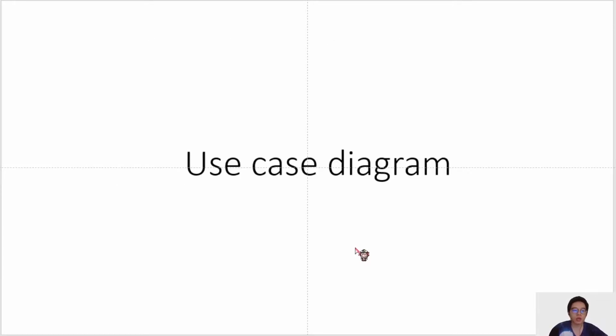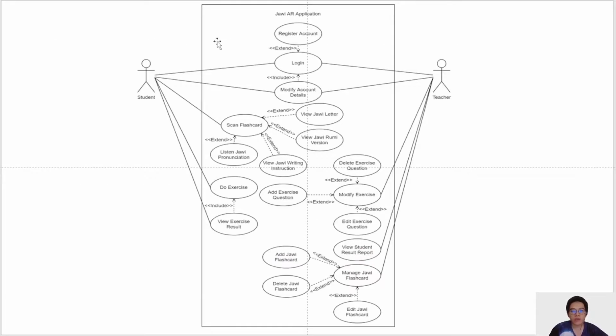Use case diagram. For this use case diagram, we have the student, the teacher, and also the Java AI application. The student can log in, and if they don't have an account, they can register one, which is the extension of it. They can also modify the account detail, which includes the login.